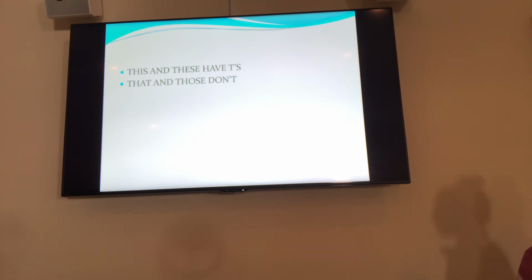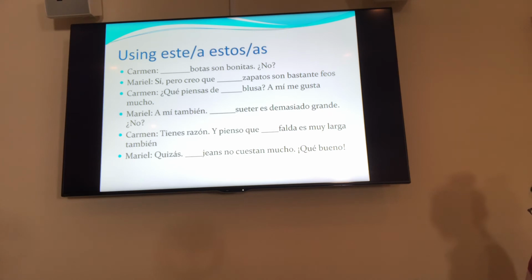Once you feel confident and comfortable after you've written everything down, I want us to move to the next section. Go ahead and you're going to only use este, esta, estos, and estas. So we're just using the this and these section because those all have T's in it, and we know that this and these have T's. And we're going to fill in the blank. We're going to look at what the item is after the blank.